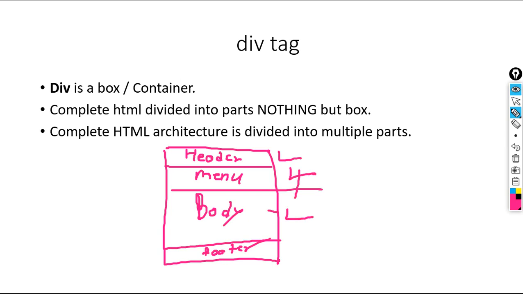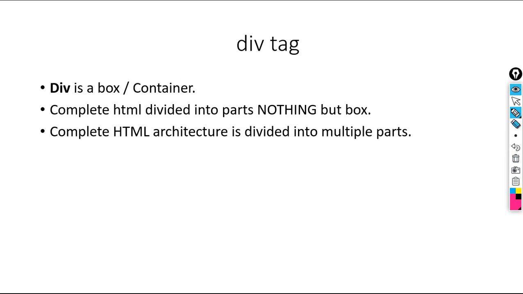These four things combinedly are called a web page. So we can say that HTML architecture is a combination of different boxes. How do we create a container? With the help of the div tag.